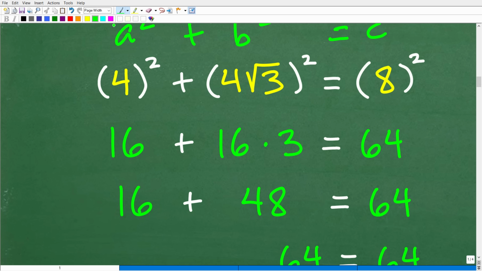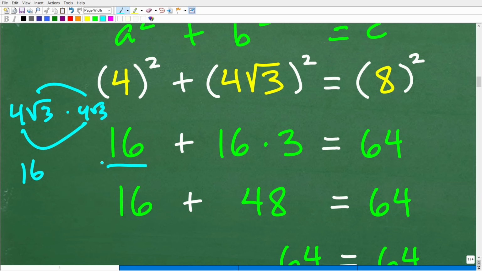So 4 squared is 16. 4 square root of 3 times 4 square root of 3 is going to be 16 times 3. Again, 4 square root of 3 times 4 square root of 3, we're going to multiply these numbers here. 4 times 4 is 16. Square root of 3 times the square root of 3 is square root of 9, or 3. So we have 16 times 3 right here. 8 squared is 64.